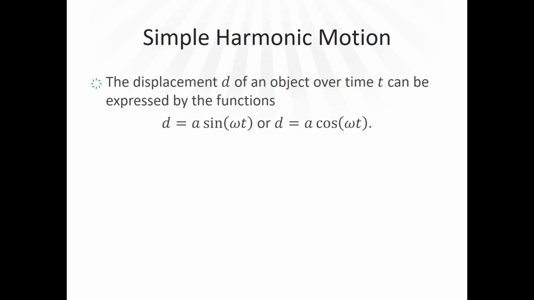And so we have two equations. Again, they're the same basic thing. If we use the sine equation, displacement d equals a times the sine of omega t. The omega is a Greek letter that just looks like a W. Or if we use cosine, d is equal to a times the cosine of omega t. The omega can be kind of confusing.